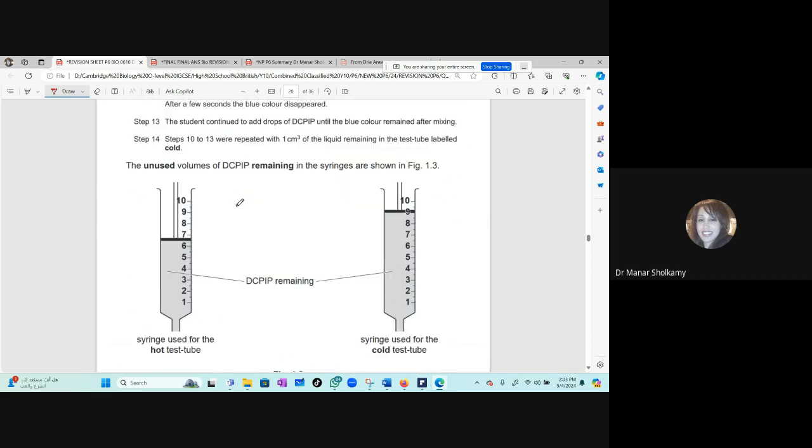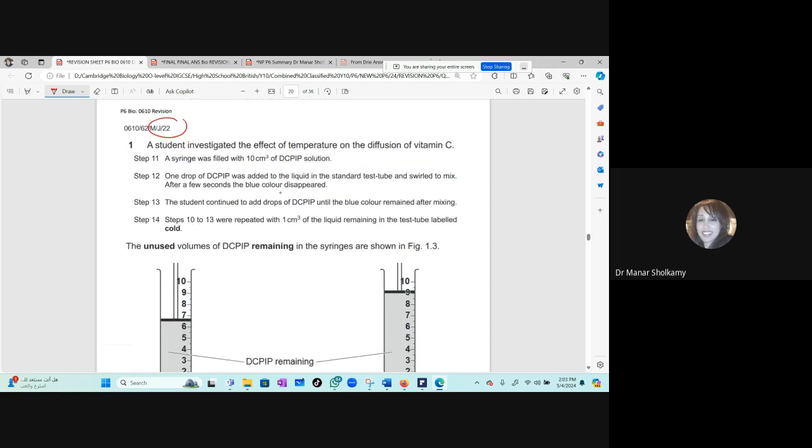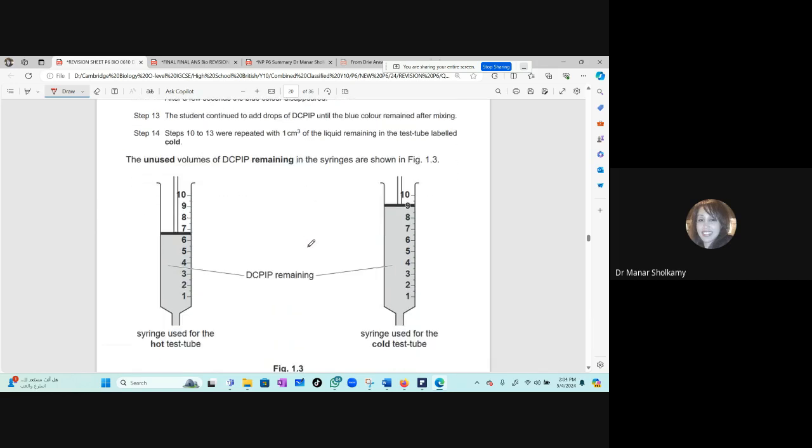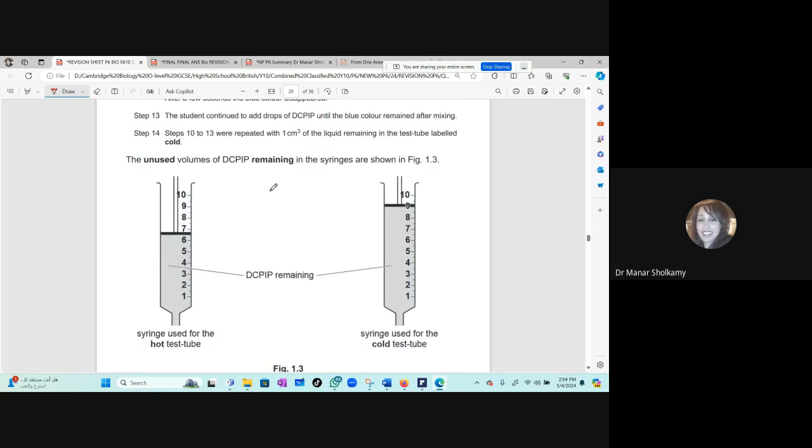Now, why did I include this? Because this was the 22 exam. I had a student who did not know how to read the volume out of the syringe. You have a starting volume of DCPIP used. They told you the starting volume was 10 centimeter cubed. And after the experiment, this is the final volume, what remained: the unused DCPIP remaining in the syringe.